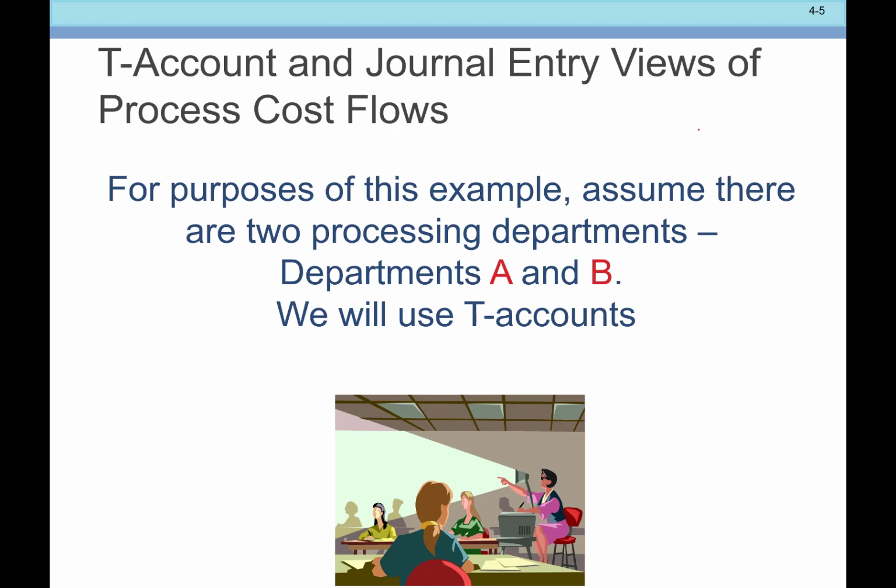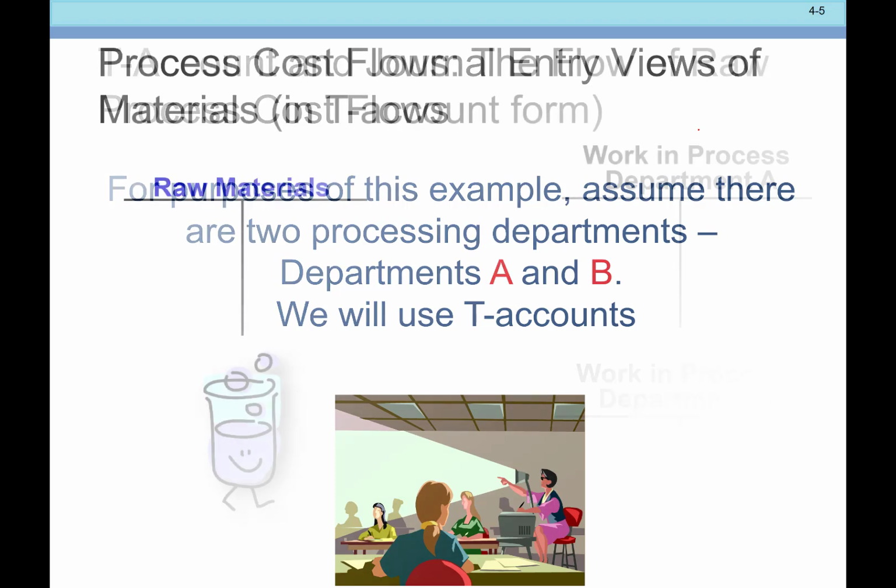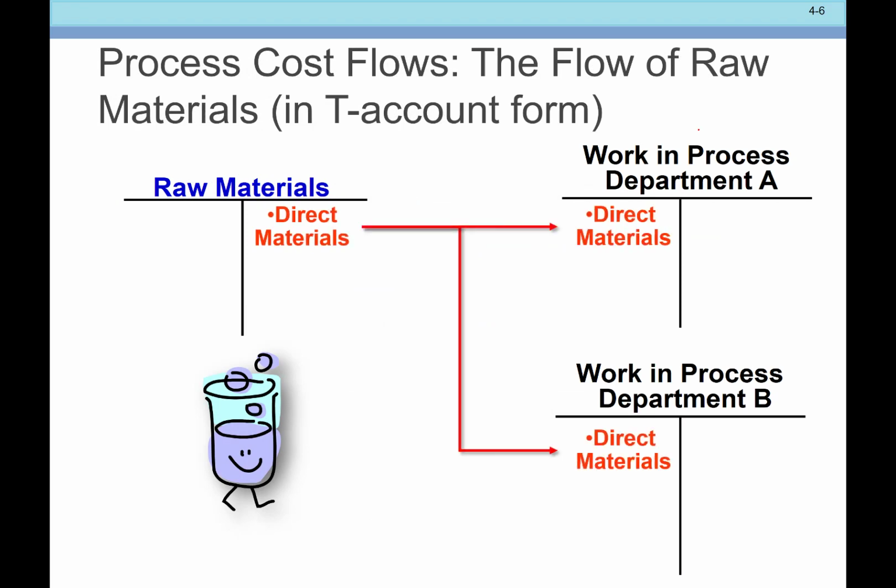In this example, we have Department A and Department B. You can have hundreds of departments in a manufacturing company, but for our purposes we'll limit it to two departments. We have our work in process for Department A. They will have direct materials, and Department B will have some direct materials.